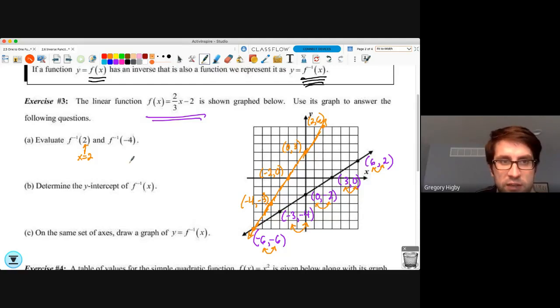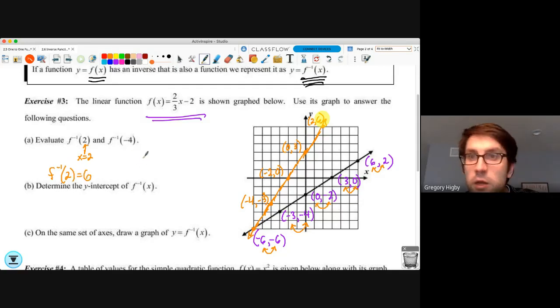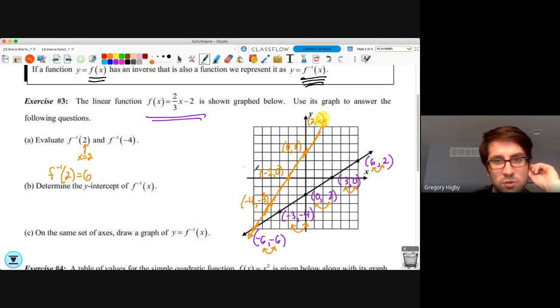And so as I look at the X coordinate of the line I just drew, let me highlight for you. I want that value, which is 6. So F inverse of 2 is equal to 6. Right? Same thing with the next one. F inverse, when X is -4, this answer is just going to be -3.